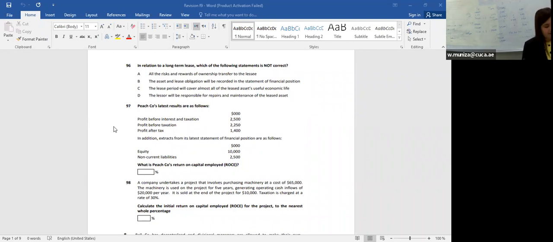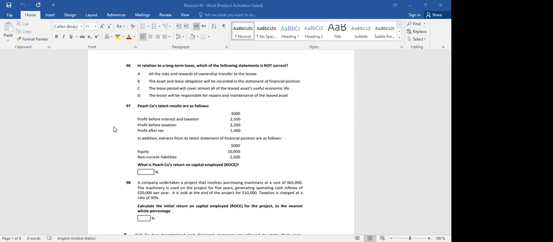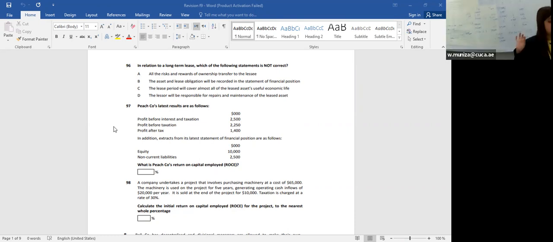It is the sum of equity and non-current liabilities. Yes. Or it is total assets minus current liabilities. Both ways you can calculate the capital employed figure. Now, all the data is very straightforward. They have given us profit before interest and tax, and they have given us capital employed as well, equity and non-current liabilities.